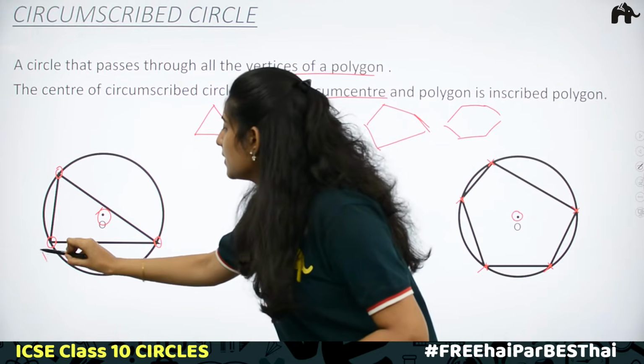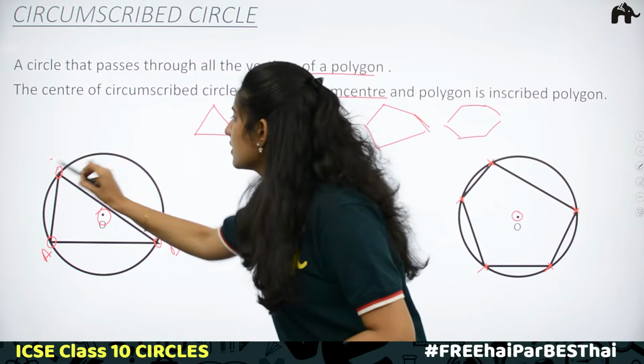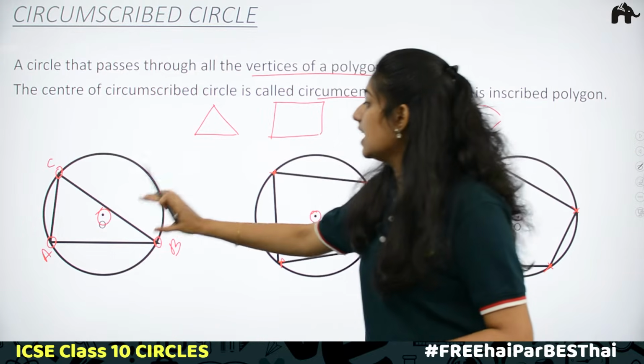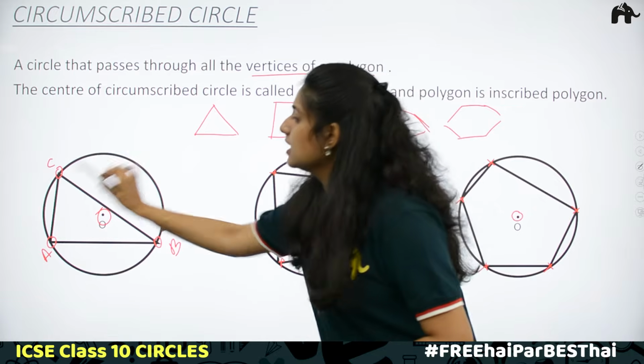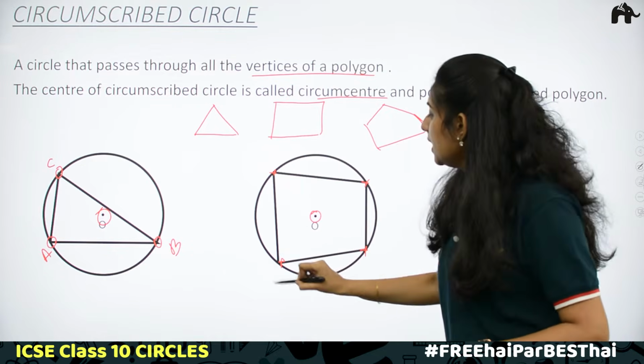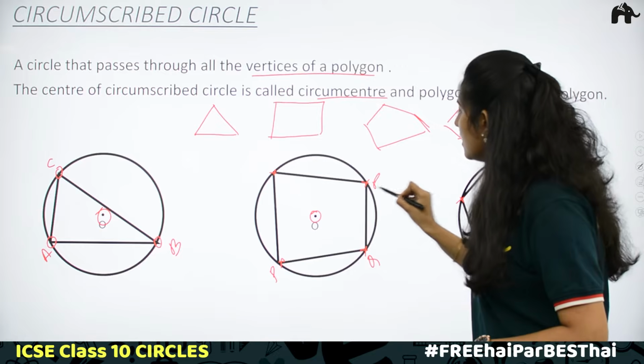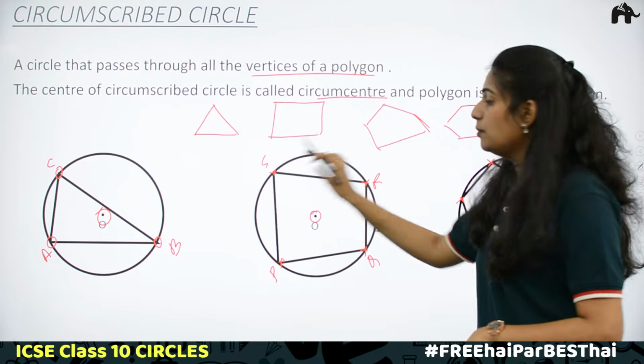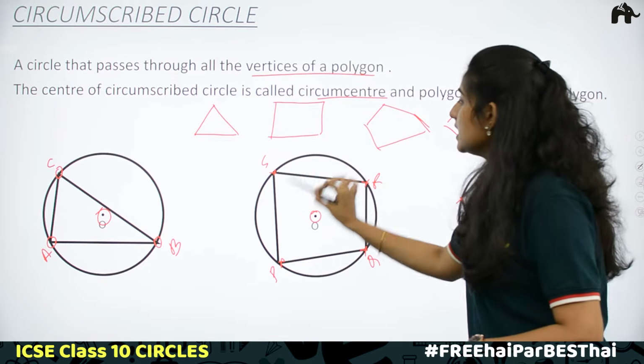Here ABC is an inscribed triangle. A triangle that is inscribed within the circumscribed circle. Okay. PQRS. The quadrilateral PQRS is an inscribed polygon inside the circumscribed circle.